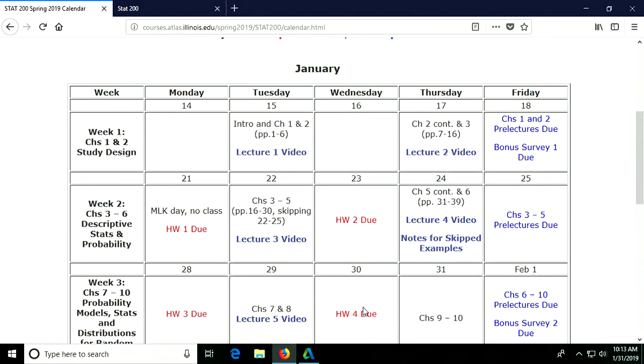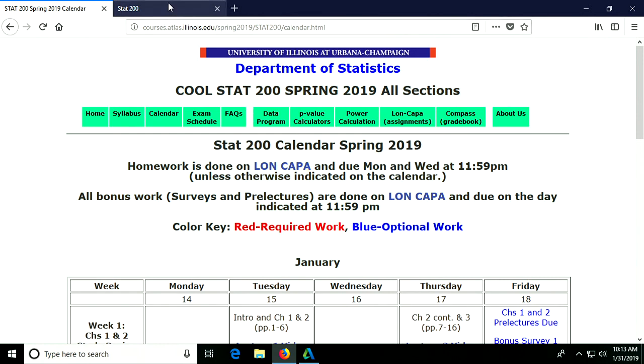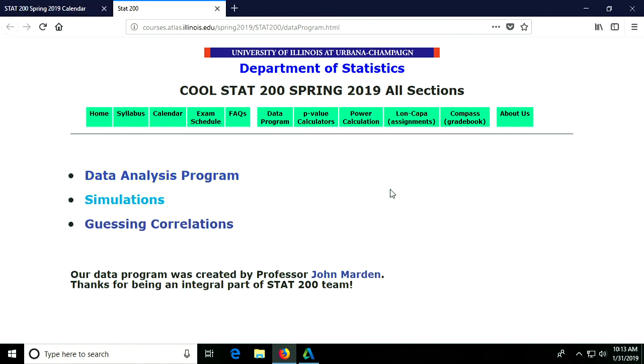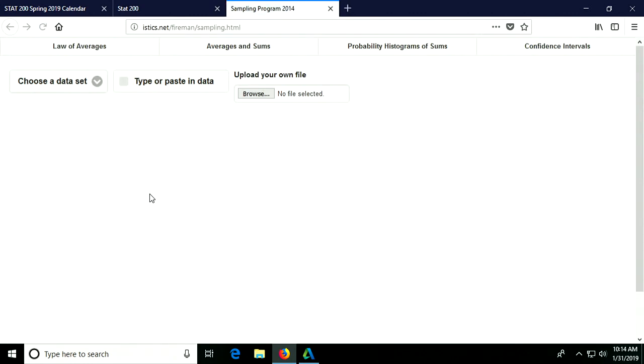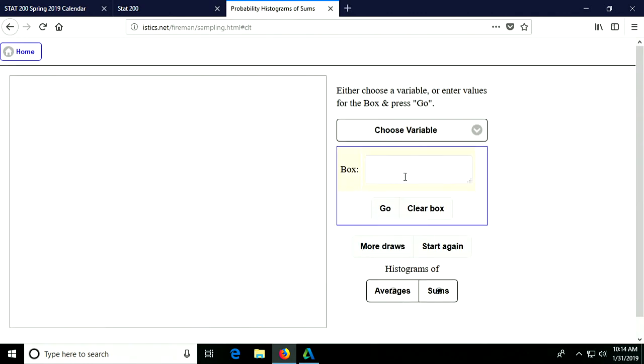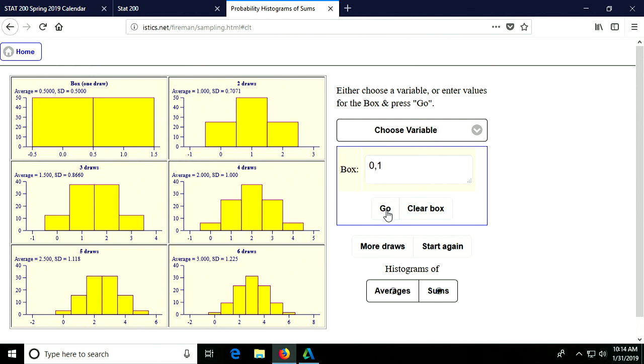And you can see, if we go to the data program right here, this is what our data program looks like, and you click on simulations, and we can look at these probability histograms of sums, and you can create what we just did. So we can create a box that just has 2 tickets, and then we can look at the sums. And here's the first one we did, we said 0 or 1.